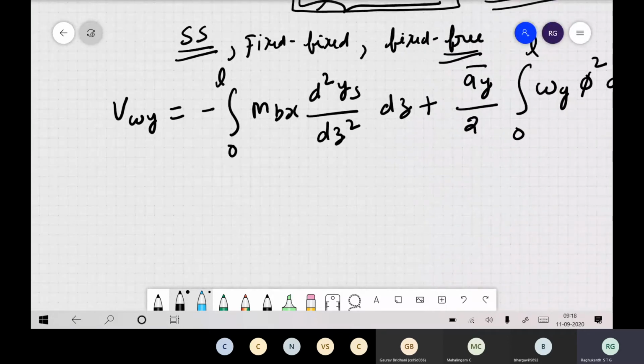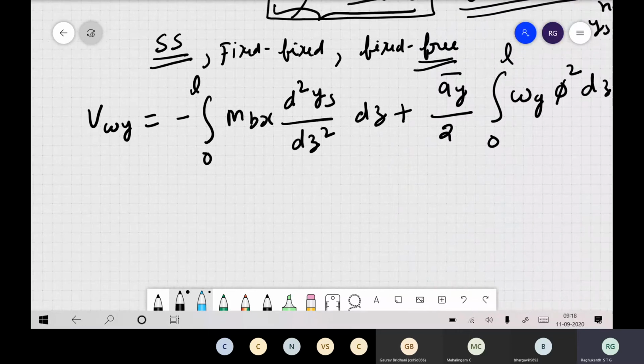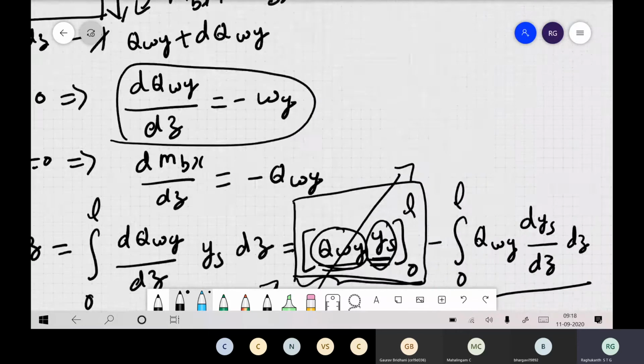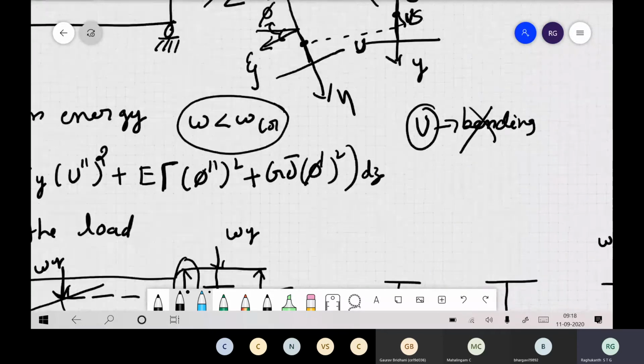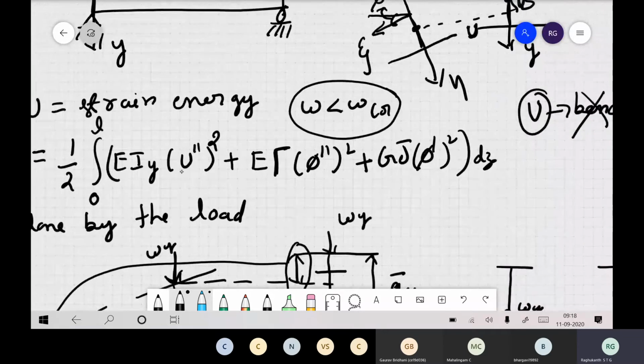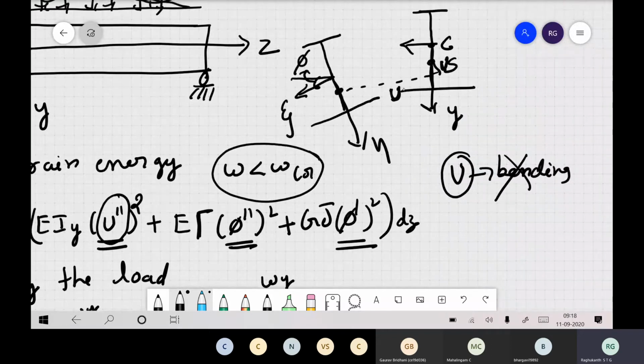Now if we see this strain energy, whatever we have written previously, we have written the strain energy in terms of u, then phi dash and phi dash. Here u is nothing but the deflection, in which coordinate system? We have the psi eta coordinate system.